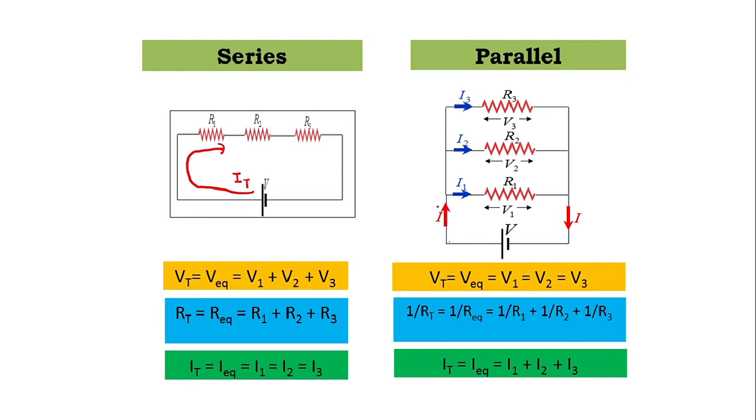Current yang mengalir ni 1, 2, 3, I-nya tak sama. Awak kena pluskan semuanya. Voltage 1, 2, 3 ni adalah sama. Nak kira resistance, 1 over R total. Kalau awak nak cari R total, awak kena 1 overkan balik jawapan tu.